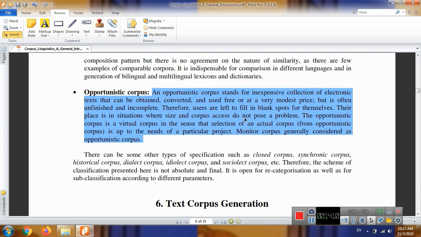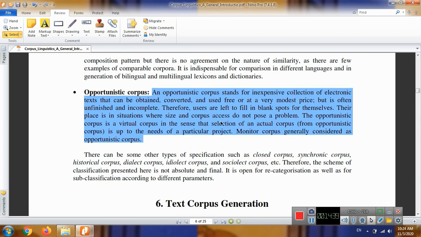Their place is in situations where size and corpus access do not pose a problem. The opportunistic corpus is a virtual corpus in the sense that selection of an actual corpus from it is up to the needs of a particular project. Monitor corpus is generally considered an opportunistic corpus.